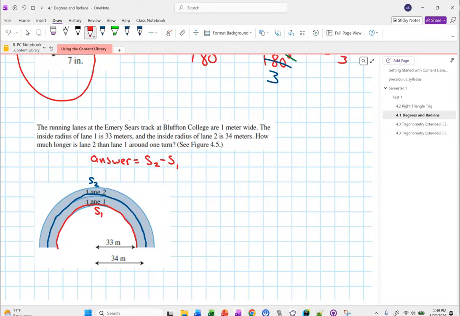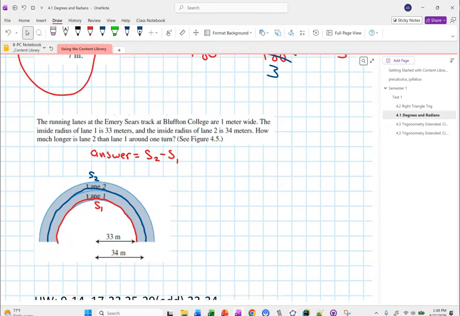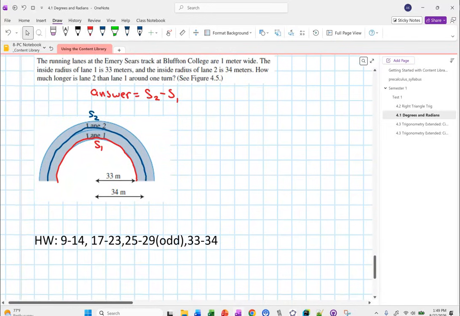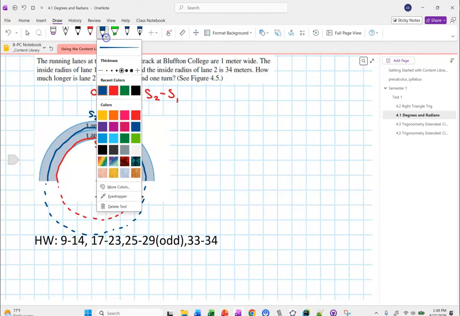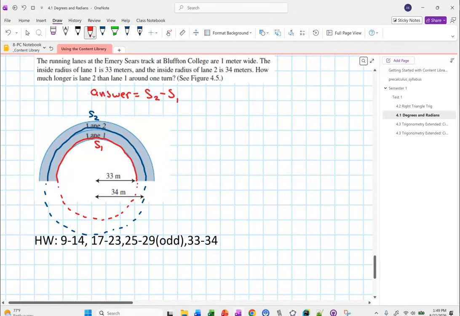Okay. So when I look at this picture, I say, these look like parts of a circle, right? So if I was going to draw this, like the center would be here.